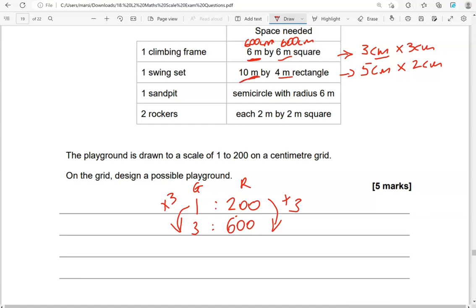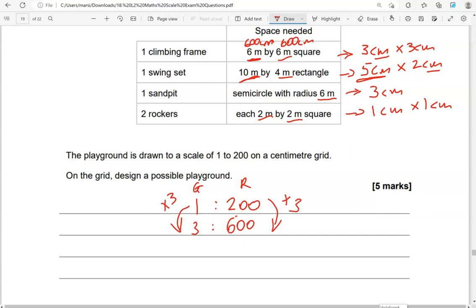So that's going to be 5 centimeters. Half of 4 is 2. Semicircle with radius 6 meters, so that's going to be 3 centimeters. And then this one will be 1 centimeter by 1 centimeter in the grid.